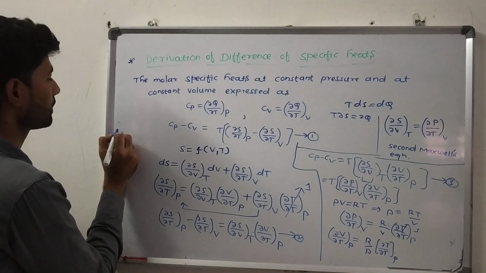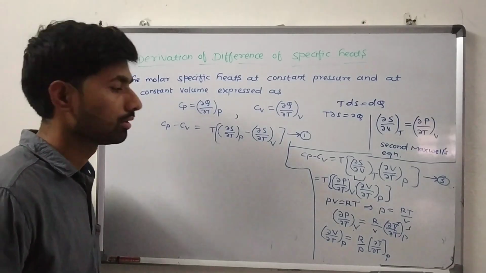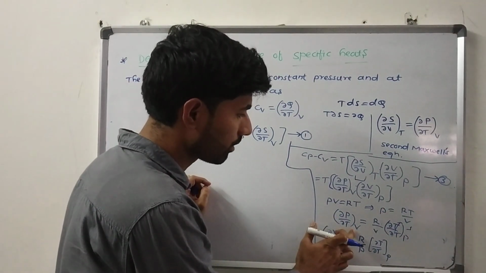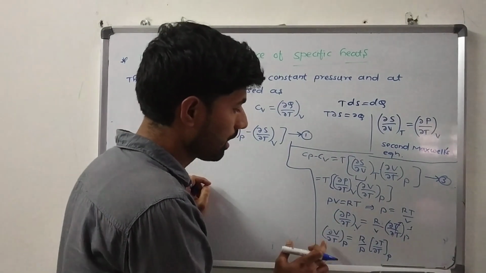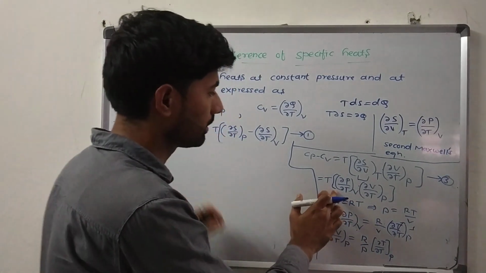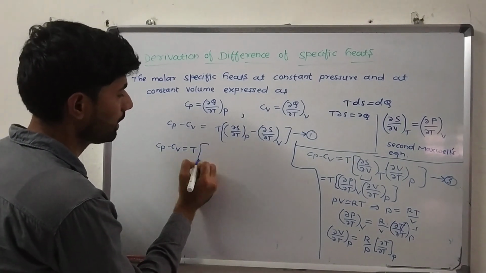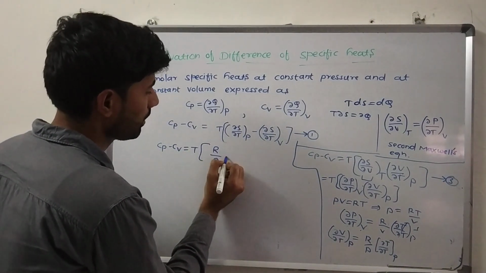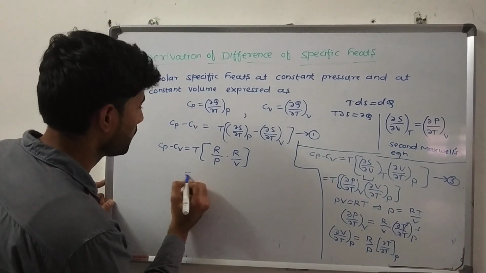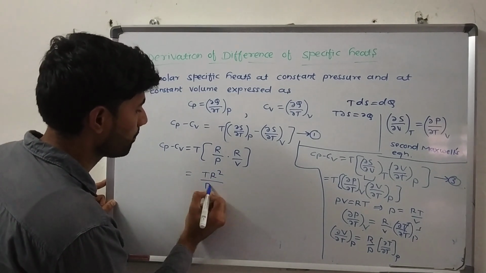Finally we can write Cp minus Cv by substituting ∂P/∂T at constant volume V as R by V and ∂V/∂T at pressure P as R by P. Then Cp minus Cv equals T into R by P into R by V, which is T R squared divided by PV.